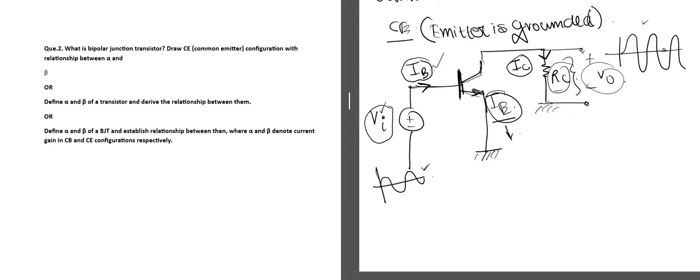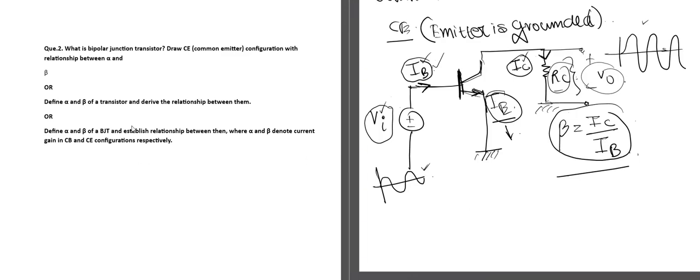This is the input current IB and this is the output current IC. In the CE mode, the current amplification factor, denoted by beta, is equal to IC divided by IB. This is the current amplification factor in the CE mode.